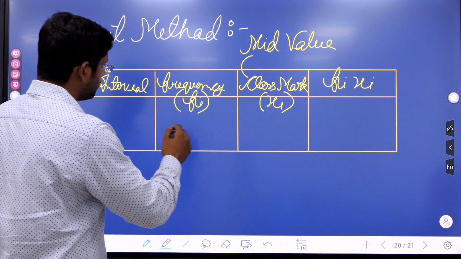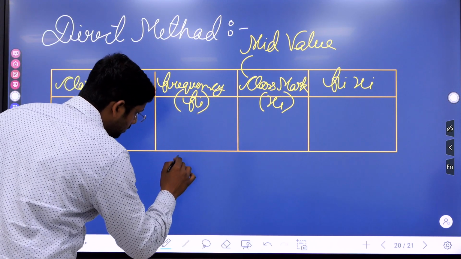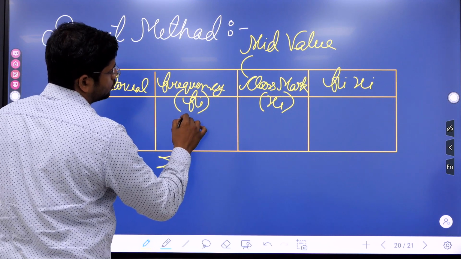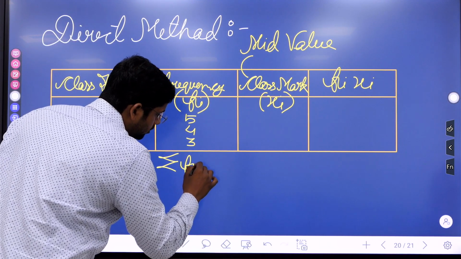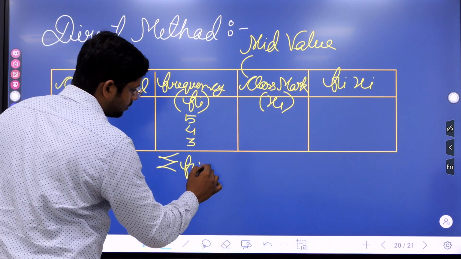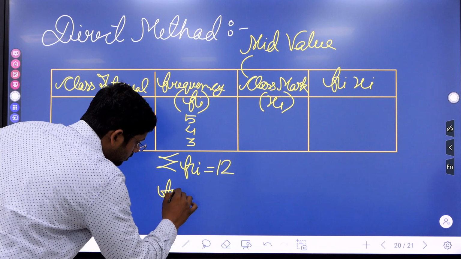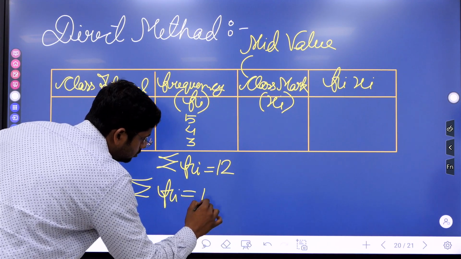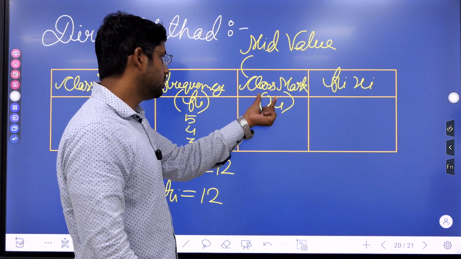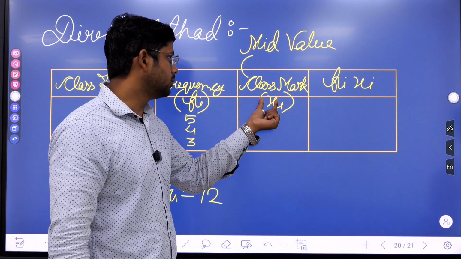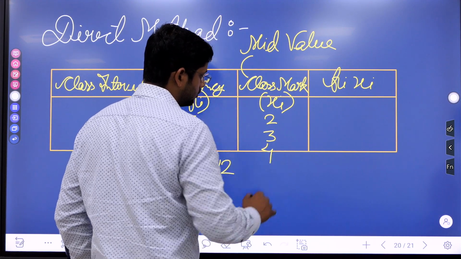Then what do you add? You add all the frequency values. Suppose the values given are 5, 4, 3, so the summation of fi is 5 plus 4 is 9, plus 3 is 12, so summation of fi equals 12. Similarly, the class mark is given in your question, suppose 2, 3, 4.